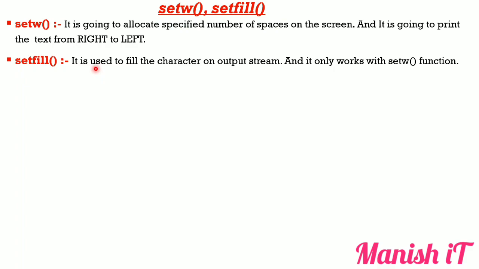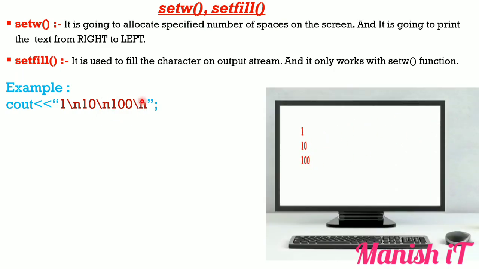Suppose you have written a program as an example: cout 1, slash n, 10, slash n, 100. How does it print on the screen? It prints looking like this after executing this line.